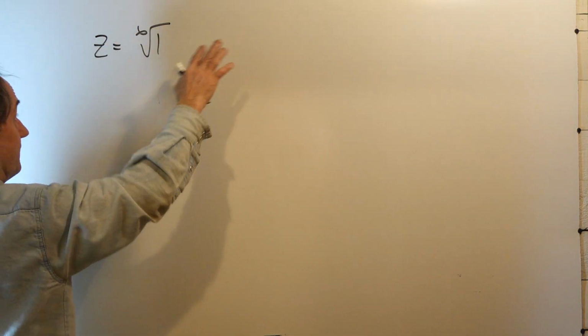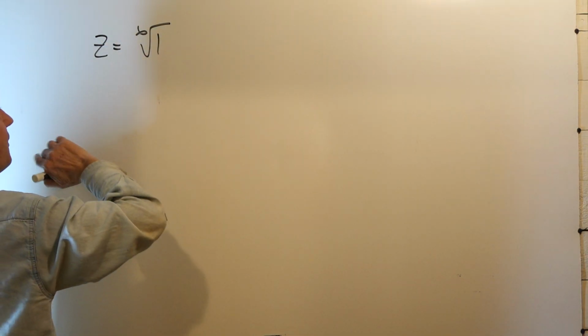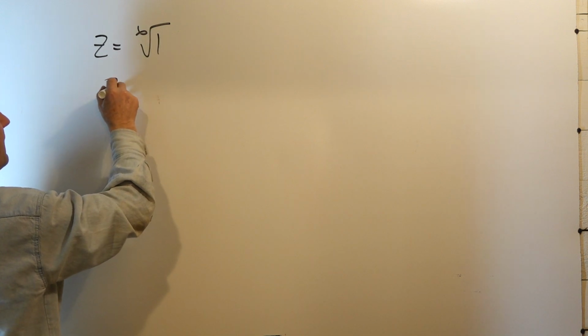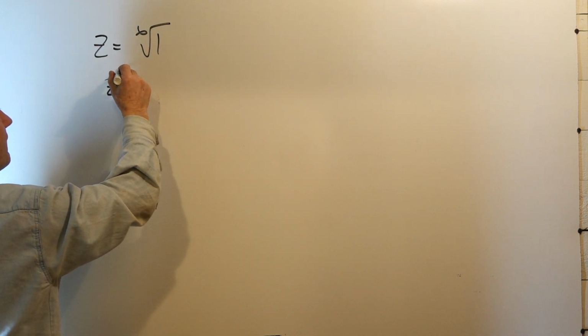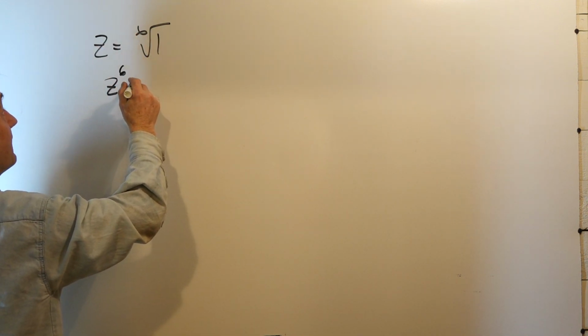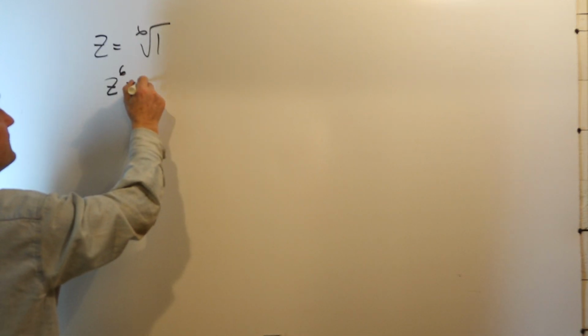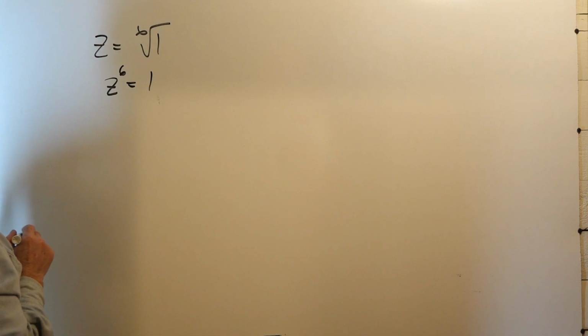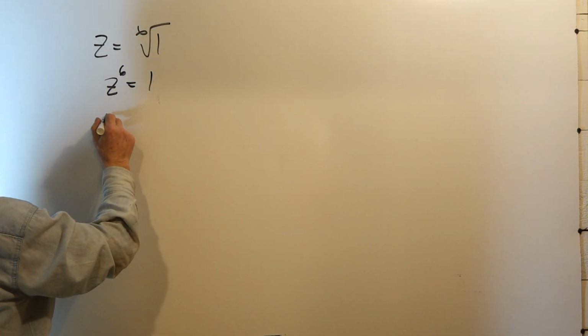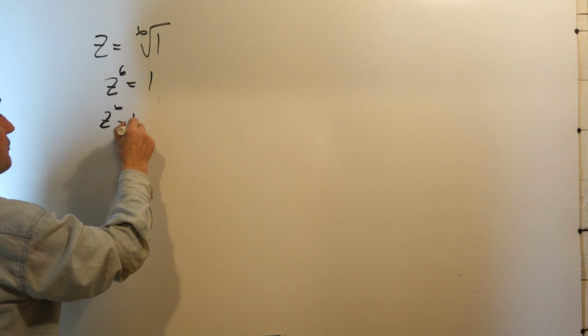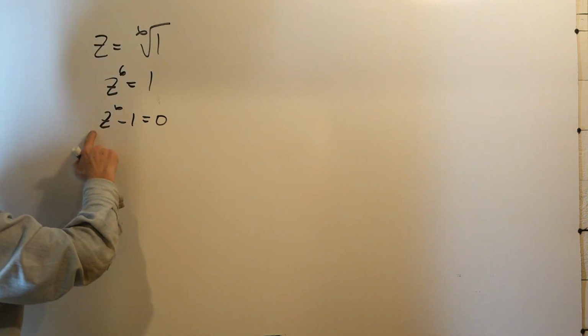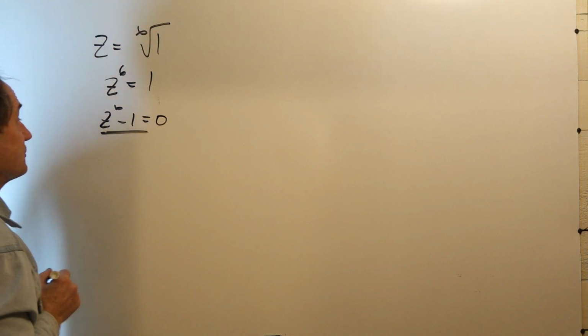We can exponentiate both sides of the equation by the power that we want to have the root at. So we take the 6th power of each side. So we get z to the 6 equals 1, or z to the 6 minus 1 is equal to 0. We want to find all the z's that make this true.